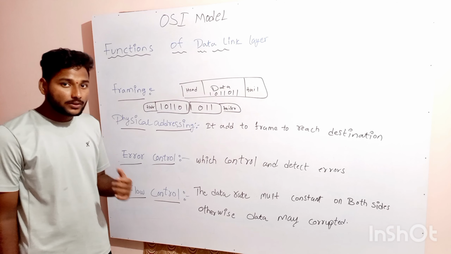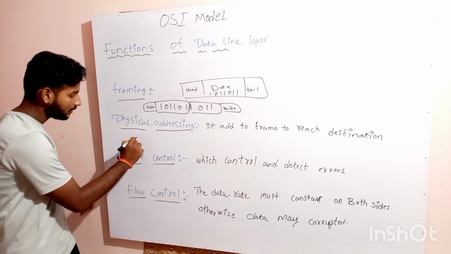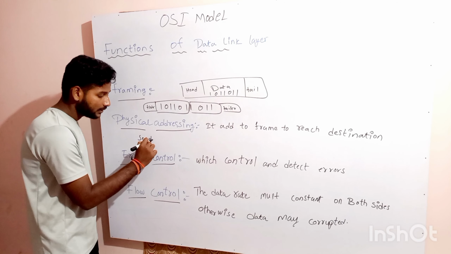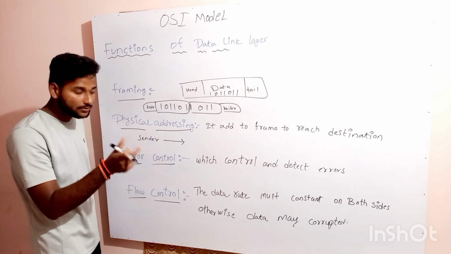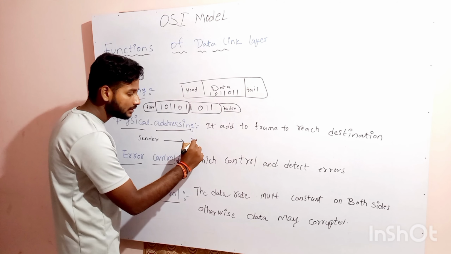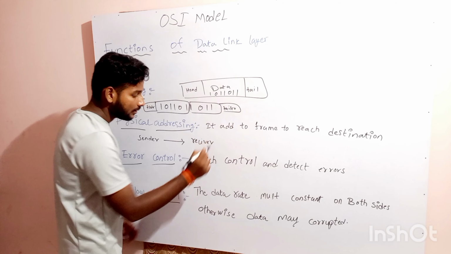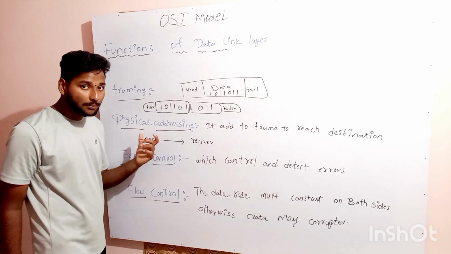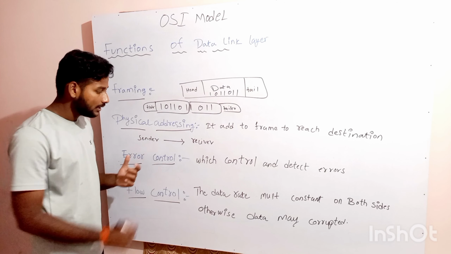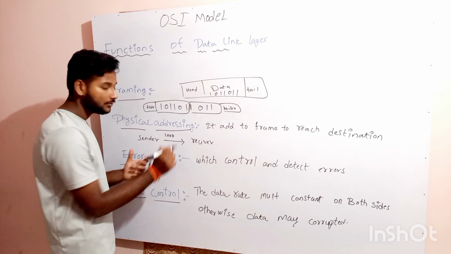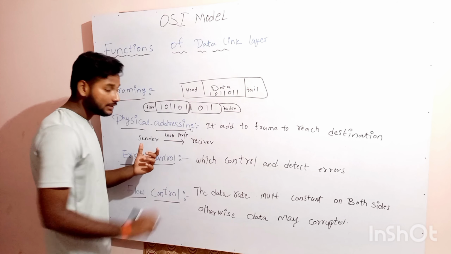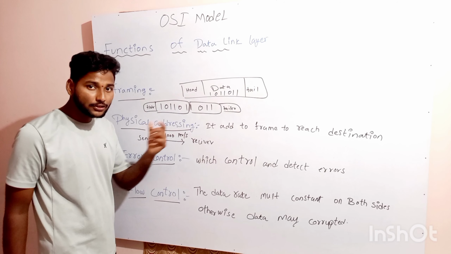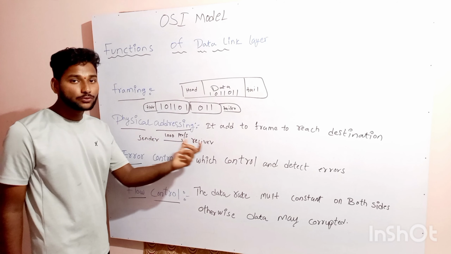Flow control. Here he is the sender, and he sends this raw data converted into frames to the receiver. The number of frames, or the bit rate, the flow: he sends 1000 frames per second. This speed is continuously maintained from sender to receiver.